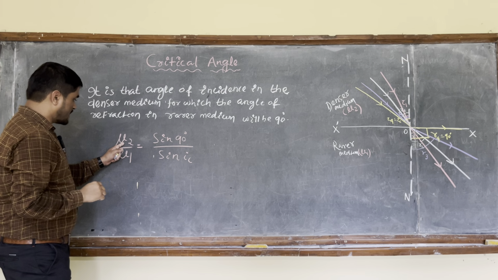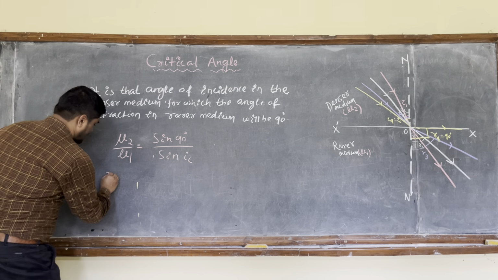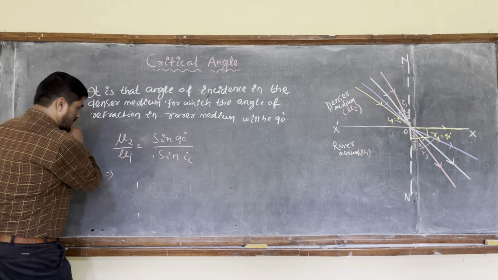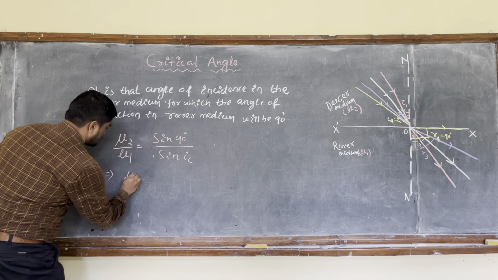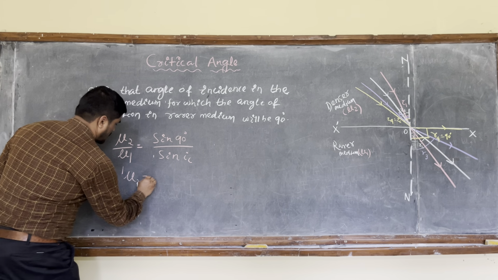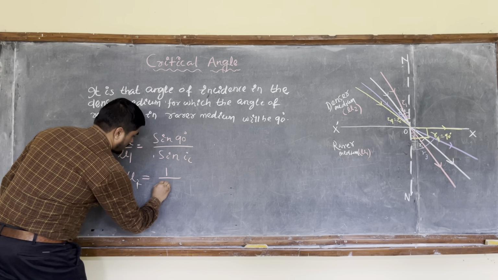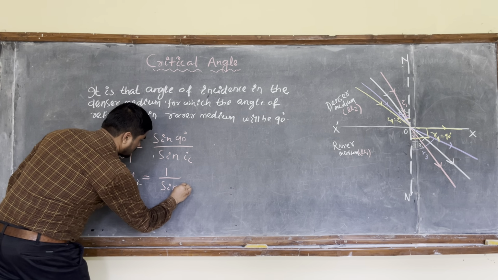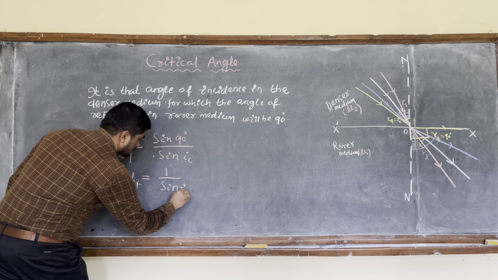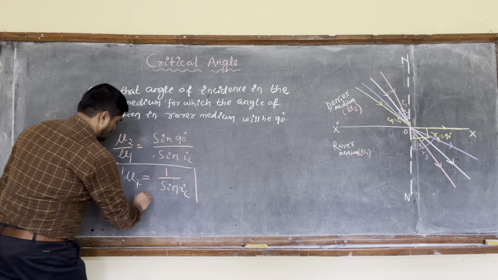So refractive index of medium 2 divided by medium 1, that is the refractive index of medium 2 with respect to medium 1. That means mu 2 1. The value of sin 90 degrees is 1, divided by sin IC. So this is the relation.